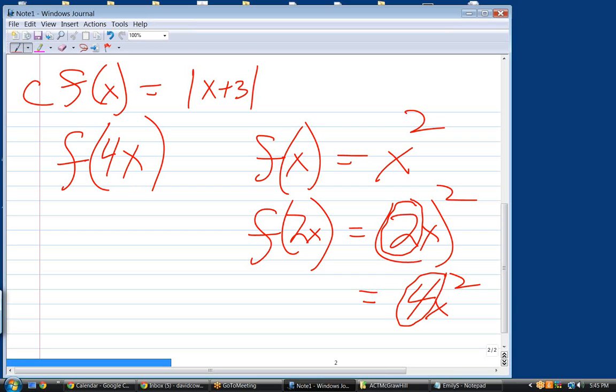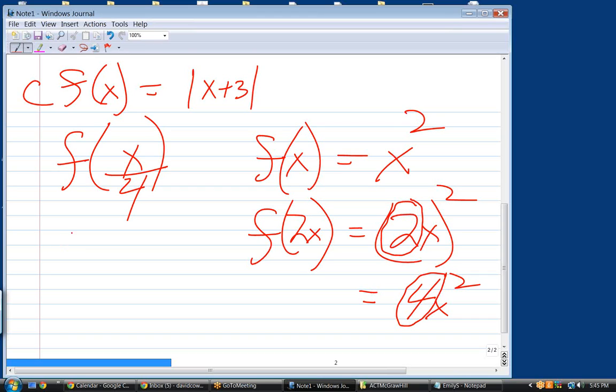A number greater than 1 means a shrink. A number between 0 and 1 means a stretch. So I think I gave you bad information. I think the first one, or this one, for us to stretch it by a factor of 4, I got to divide it by 4.